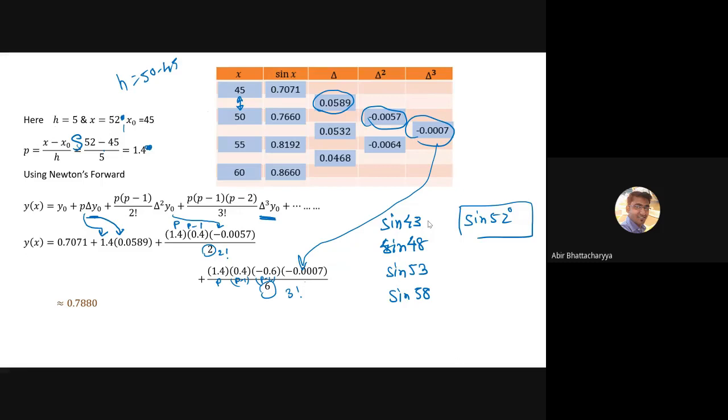By checking the table, I can observe that 52 is nearer to 53. So in the second table, 53 is present. Now tell me, Kusant. Wait, sir, wait.